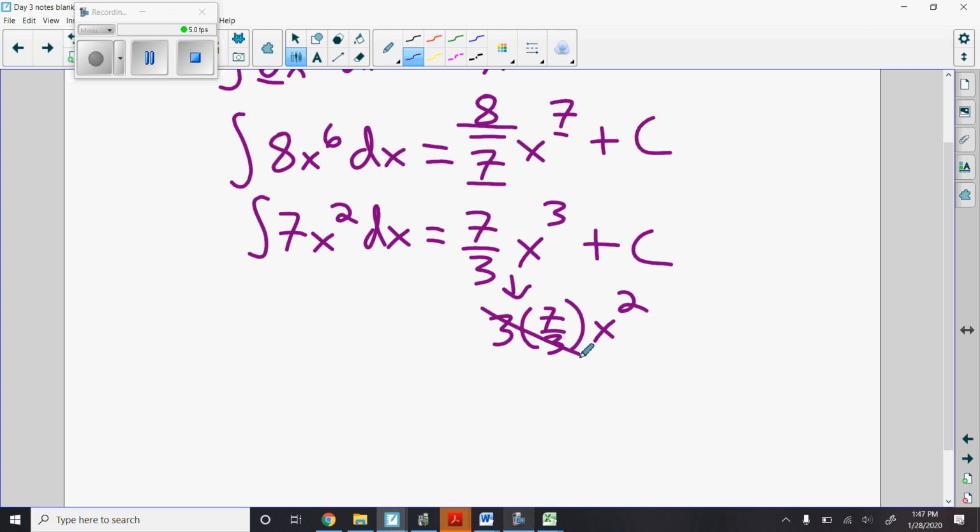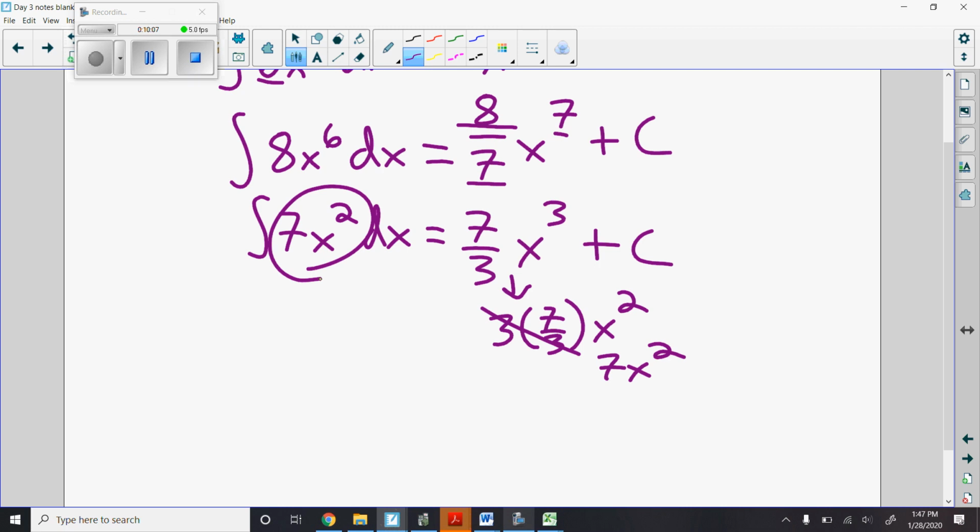My 3's are going to cancel, and I'm going to be left with 7x squared, which is what I started with here. Okay? It's always a good idea, especially as we're learning this, to do a little check to make sure that your antiderivative is correct.